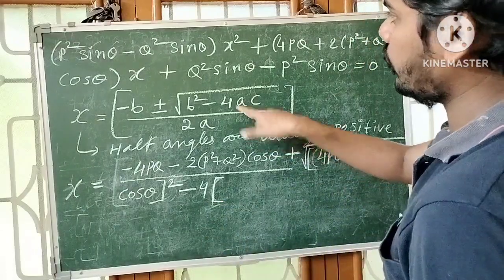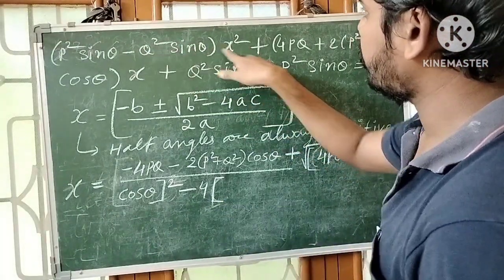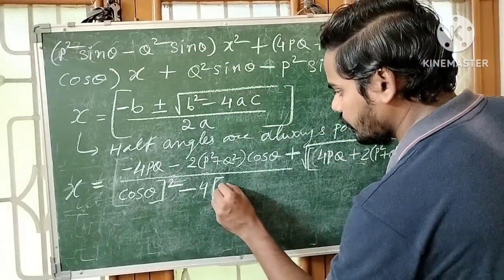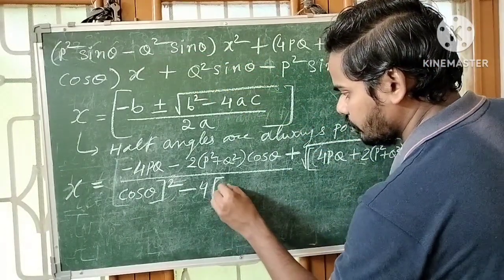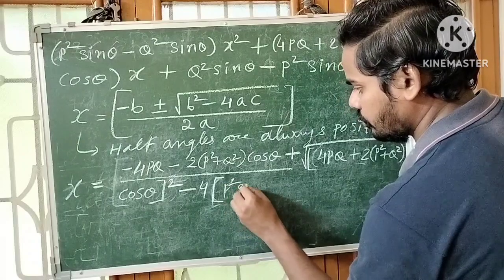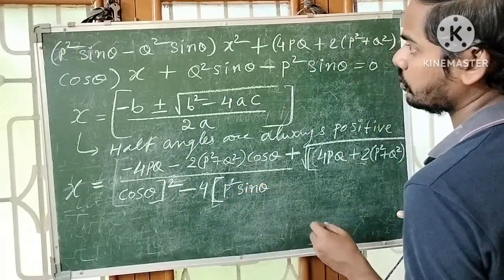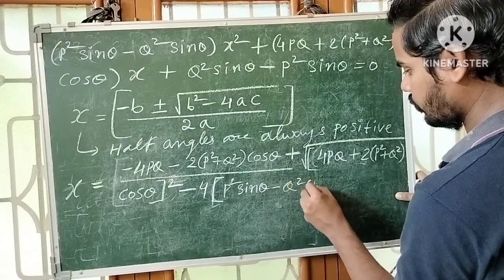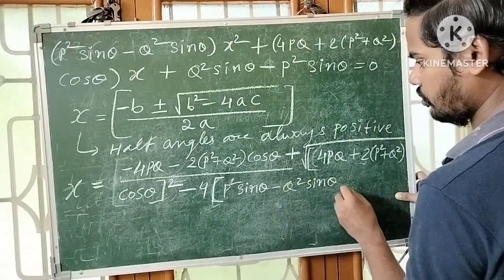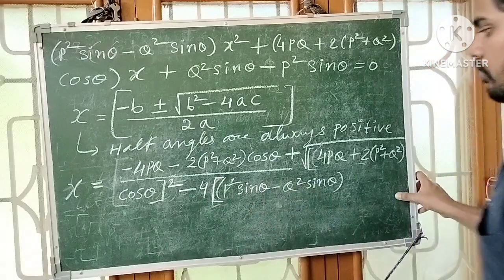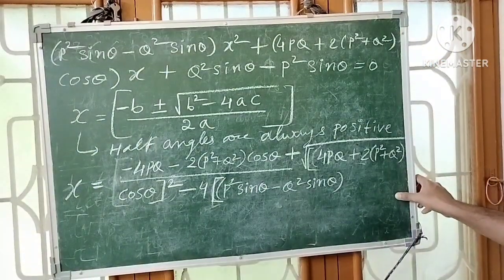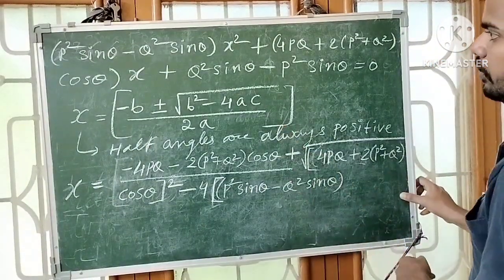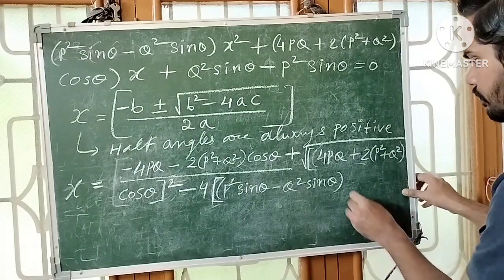What is the value of a? a is the coefficient of x square, p square sin theta minus q square sin theta. Here c is q square sin theta minus p square sin theta.